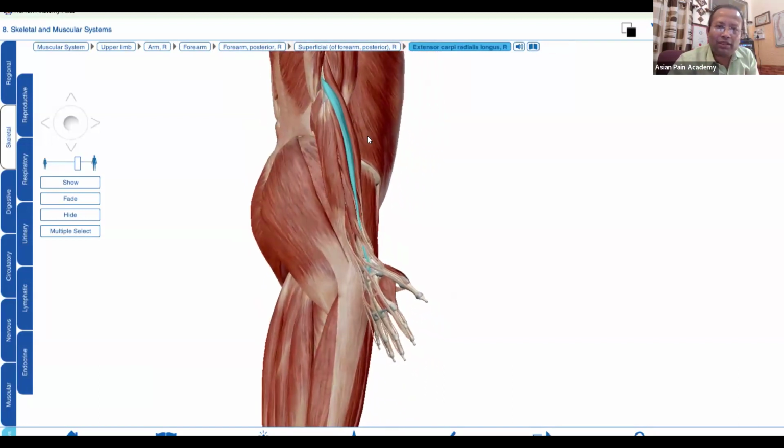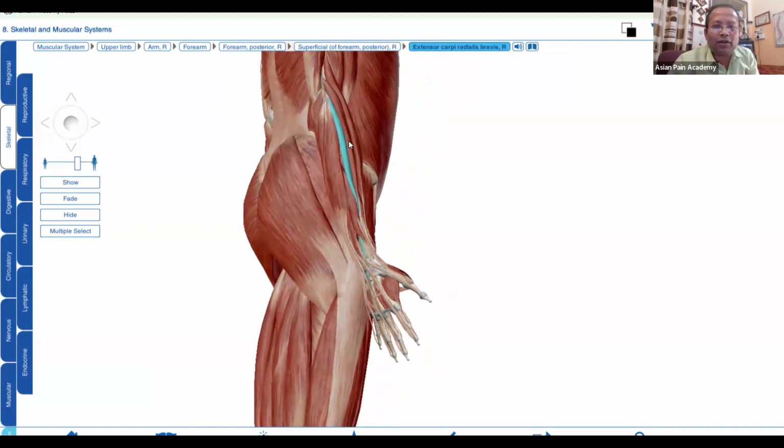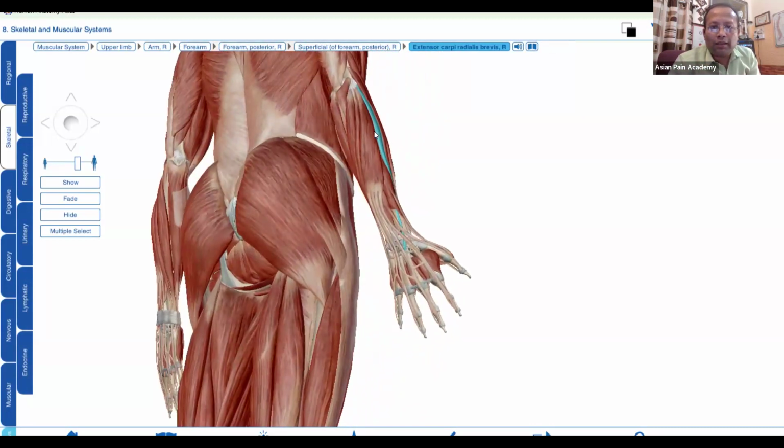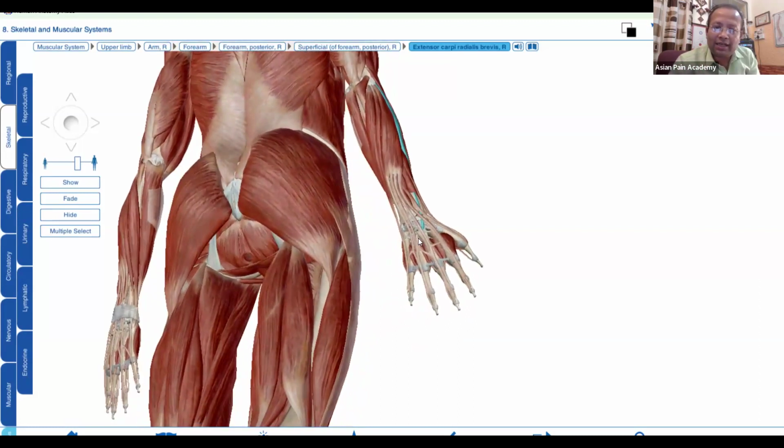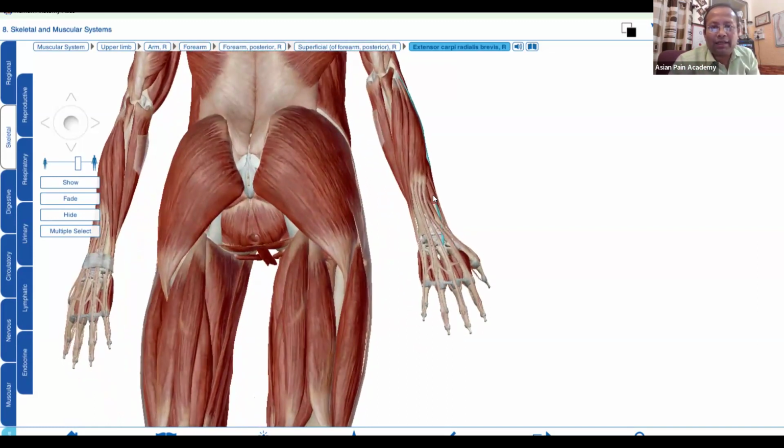From above the elbow, this tendon started, and this tendon also started as a part of common extensor tendon. So remember the quadrant number 2. That is, there you will find ECRL and ECRB. That will traverse the carpal bones and insert in the base of the metacarpal.